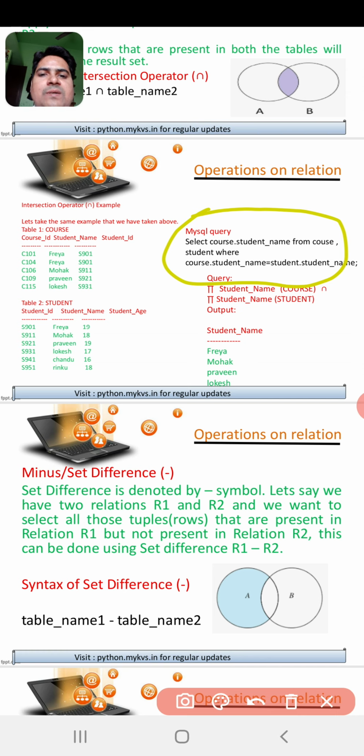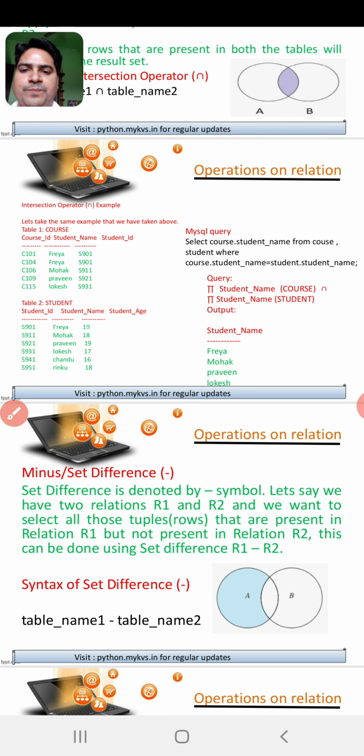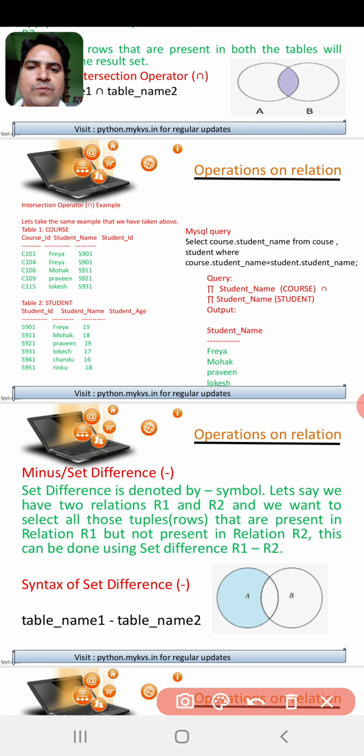A particular table is given from which student name is selected. Okay, where course dot student name is equal to student dot student name. This sub clause checks for equality. You can see clearly. Course means table name. Alias may be also given. C dot student name is equal to S dot student name. Where student name is common, the student name is selected.